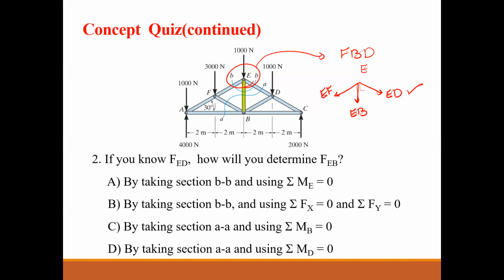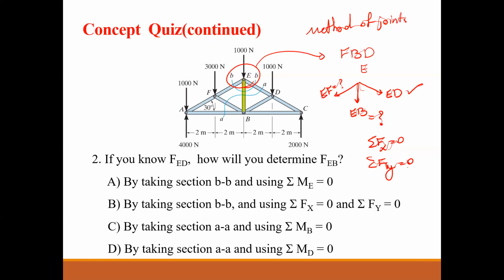Okay, I already know ED from the previous concept quiz, so I want to find EB. If I run sum of Fy or Fx, I can find this one, right? So there are two unknowns, two equations, sum of Fx equals 0 or sum of Fy equals 0, right? So in this case, I can use the method of joints.